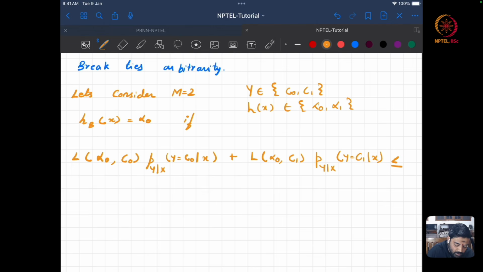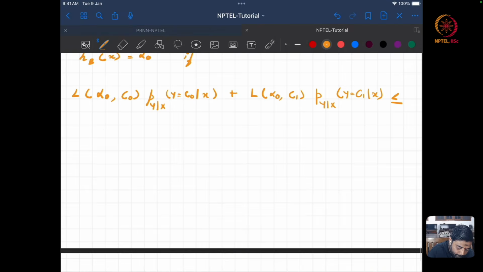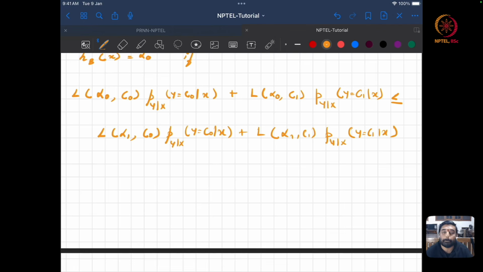This is less than the loss incurred when you take alpha 1, the posterior y given x, plus the loss when C1, the posterior y given x, y is equal to C1 given x.